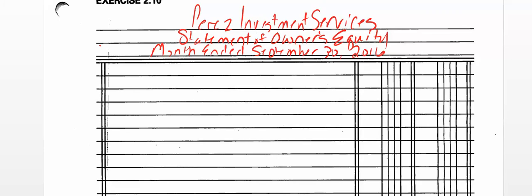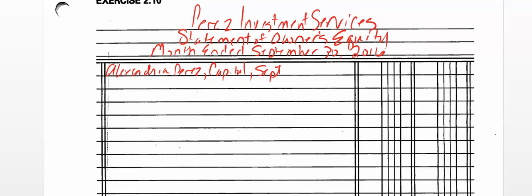All right, so then back to the exercise on page 43, we need to find the beginning capital for Alexandra Perez. And we write the actual name of the account, which is Alexandra Perez, comma, capital, and that is September 1st.